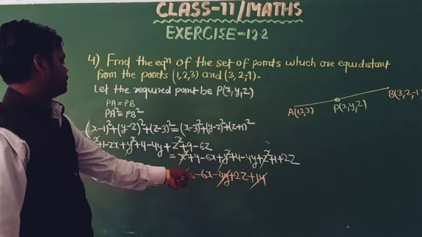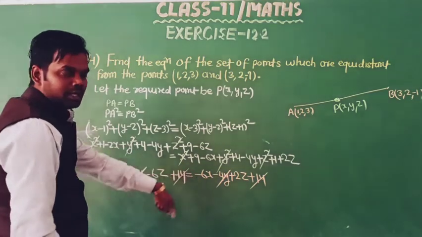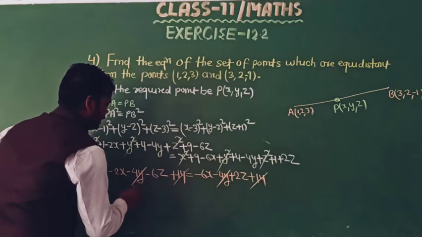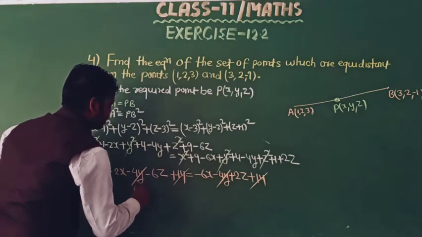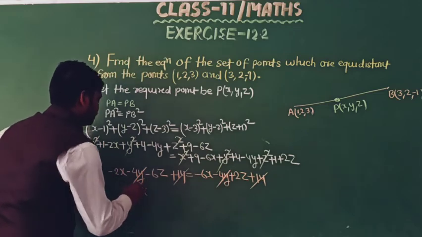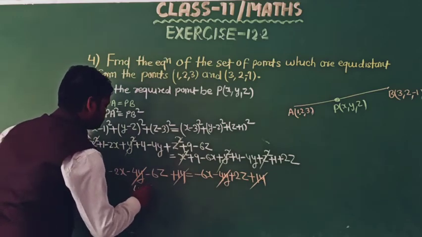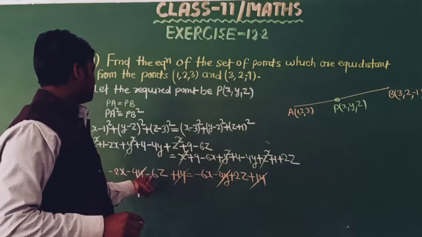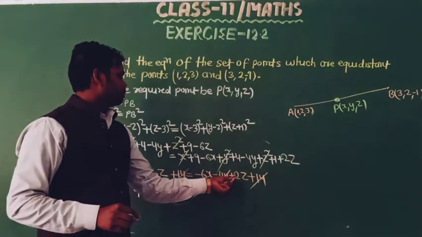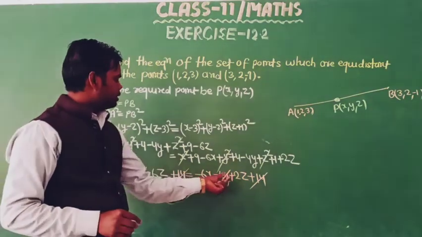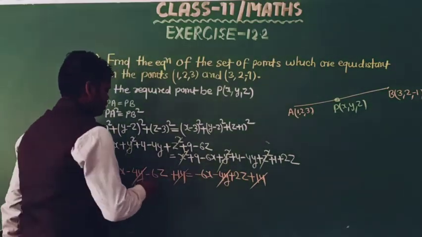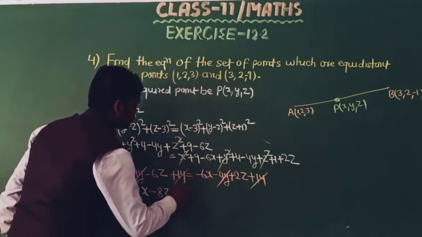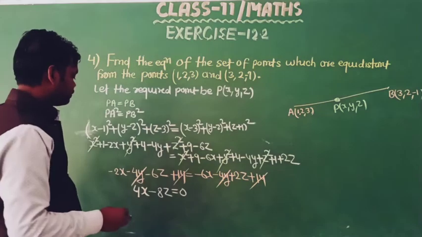Minus 2x, minus 6x: shifting to the left side, we will get plus 4x, and minus 6z, minus 2z shifting to the right side, this will be 8z equal to 0.